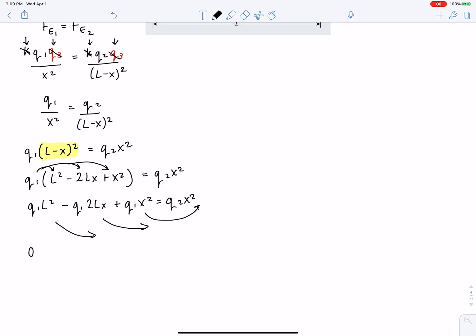So we're going to have 0 equals Q2 x squared minus Q1 x squared plus Q1 2LX minus Q1 L squared.